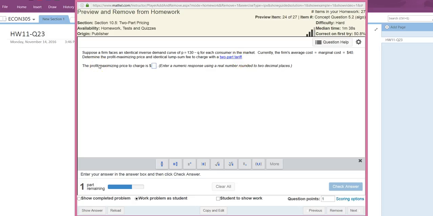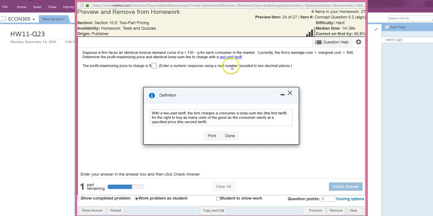So this question is a standard question for the two-part pricing we learned in chapter 10. If you check the two-part tariff definition, it's basically a lump sum fee, like a club membership fee.